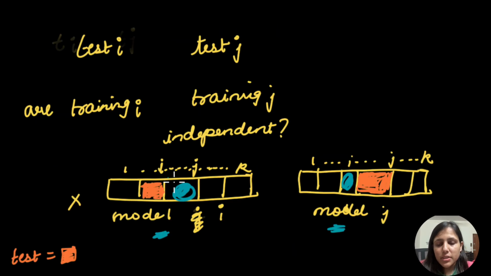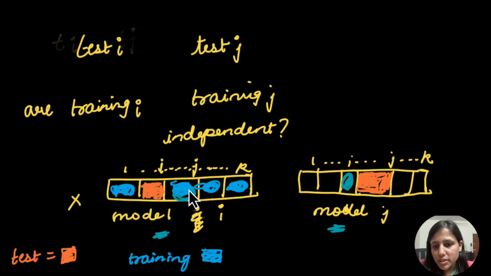Did this make sense? I'll just go over this again. So model I and model J, and these are the folds. In model I, I will use a blue color for the training folds. So this is blue, and this is blue, and this is blue, and the test is this. So you can see in model I, fold I is in test and fold J is in training.